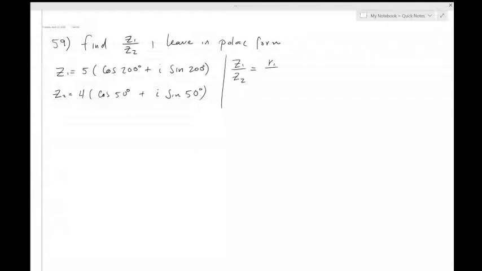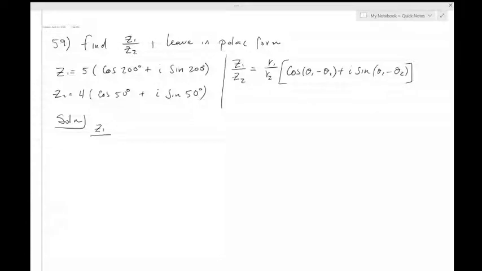The first radius divided by the second radius, all of that multiplied by cosine of the first theta minus the second theta plus I sine of the first angle minus the second angle. Okay, so that is the formula we're going to use for finding the quotient of two complex numbers in polar form. So let's go ahead and do that.